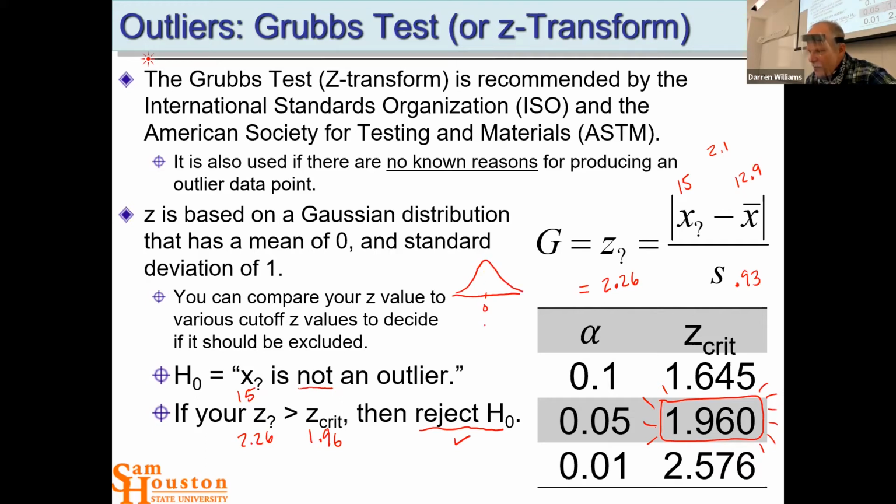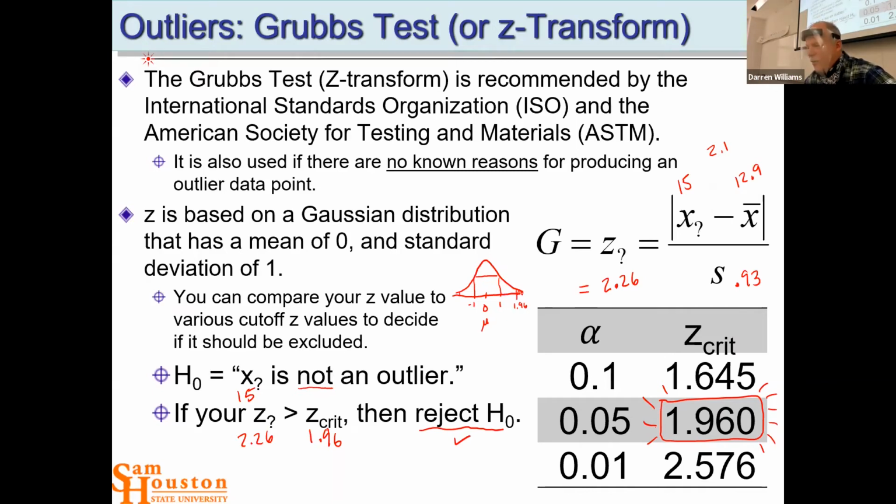We have a mean of 0 and a standard deviation of 1. And way up here, this would be 1.96, capturing 95% of the area under this curve.